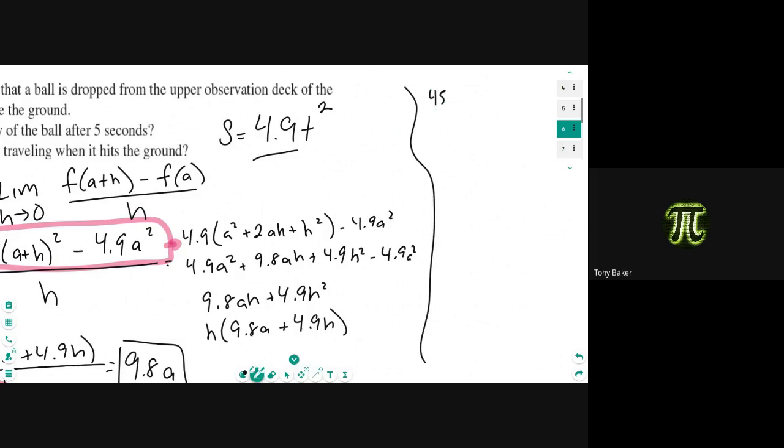So if I do 450 equals 4.9 t squared, so I get 4.9 t squared. How'd I get rid of the square? Not square both sides. Square root both sides.